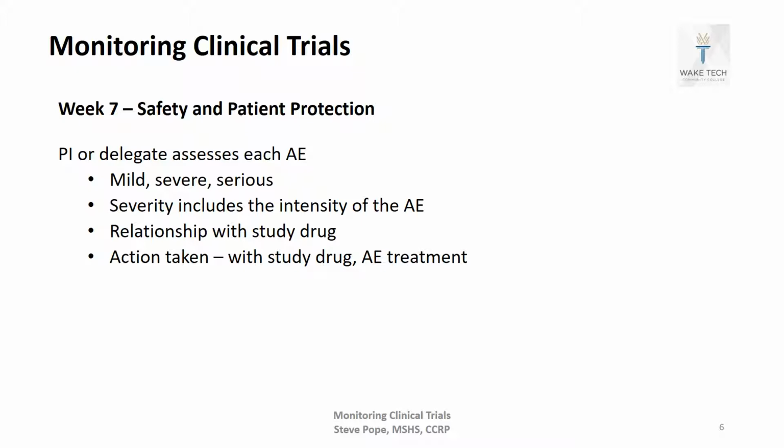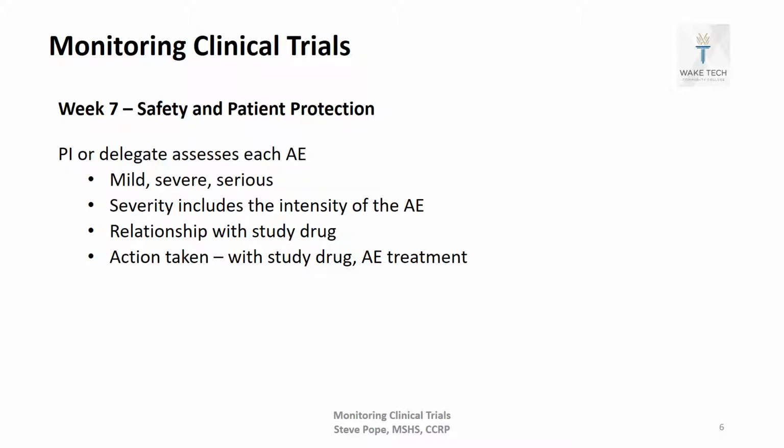So the PI or the PI's delegate will assess each adverse event and determine whether it is mild, severe, or serious. The severity will include the intensity of the adverse event. So it's important to understand that you can have an intense adverse event that isn't necessarily serious.